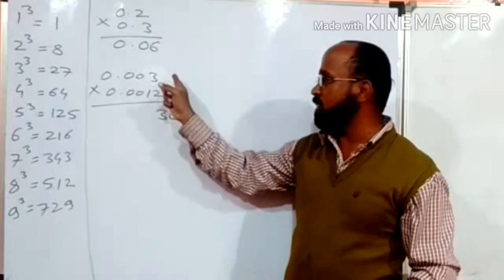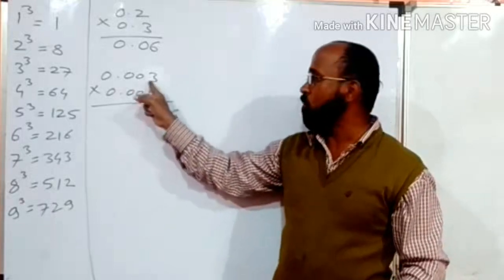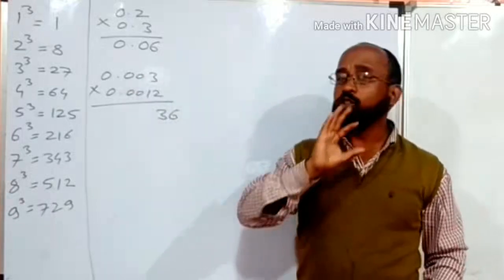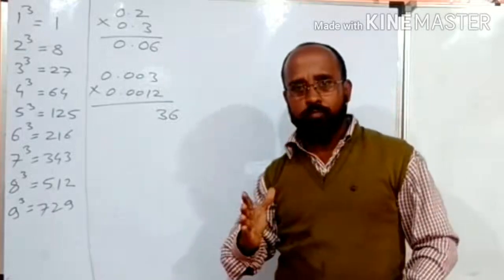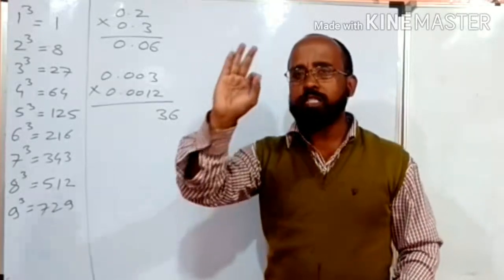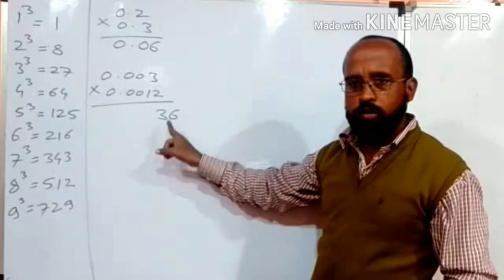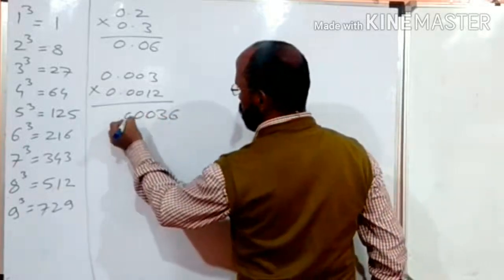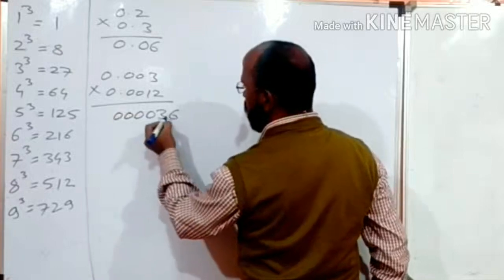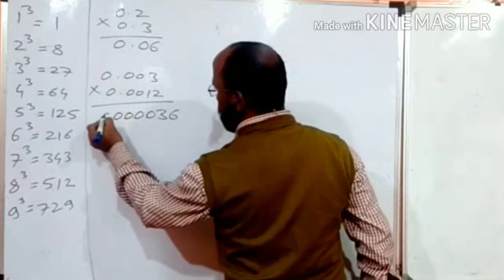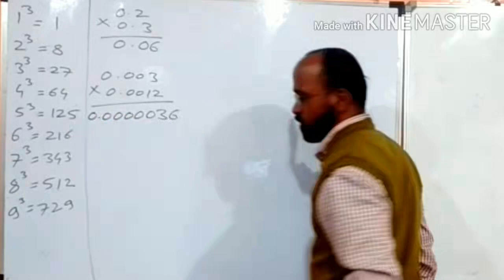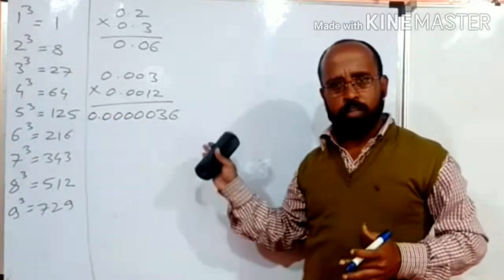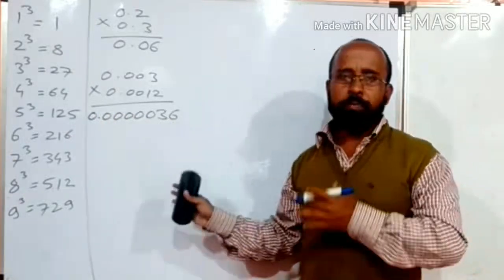How many decimal digits are there in the first number? There are 1, 2, 3 decimal digits. So how many decimal digits will be in the answer? 4 plus 3 equals 7 decimal digits. Here are two numbers, so you will adjust 7 decimal digits just by appending a few zeros before it. 1, 2, 3, 4, 5, 6, 7 decimal digits, decimal point and 0. Got it? We are very much familiar with it. We are solving it since 5th standard.